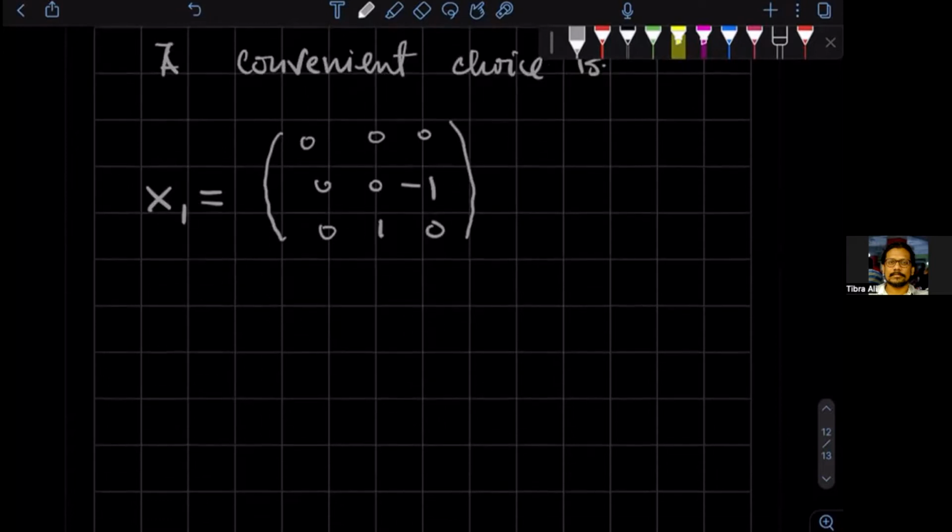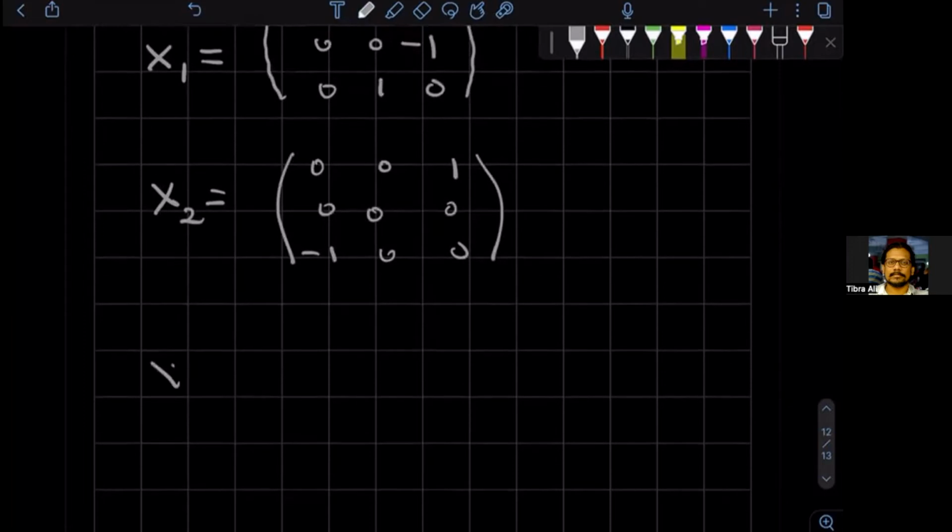So x1, this is the first row and column are 0. And x2 will have its second row and column 0. And x3 will have its third row and column 0. Okay?